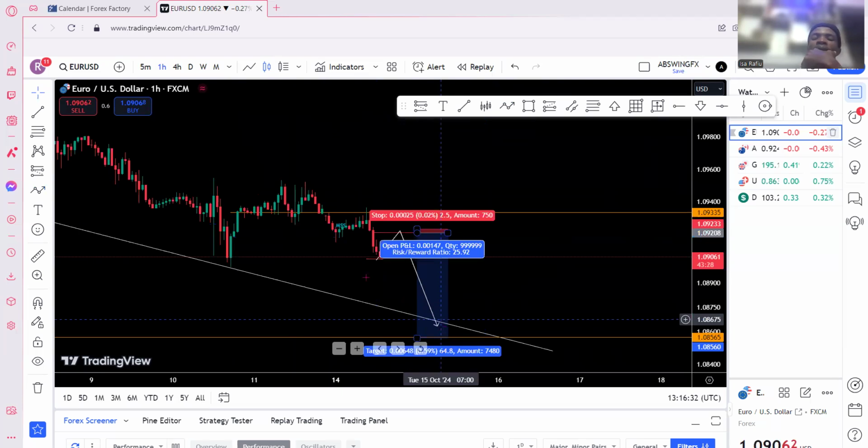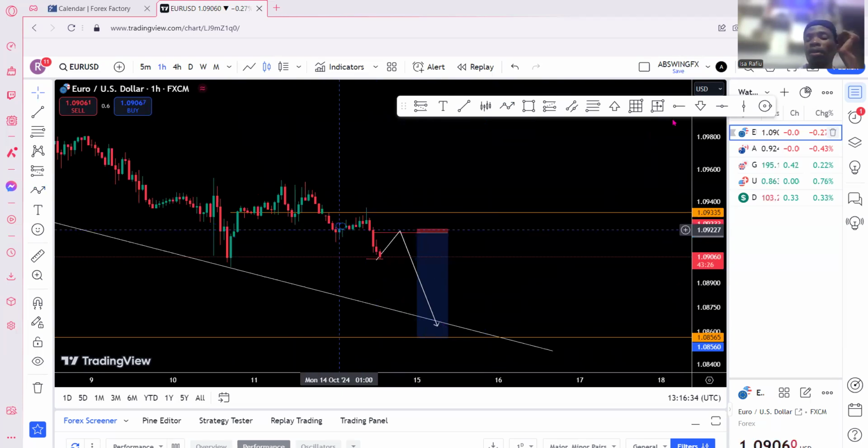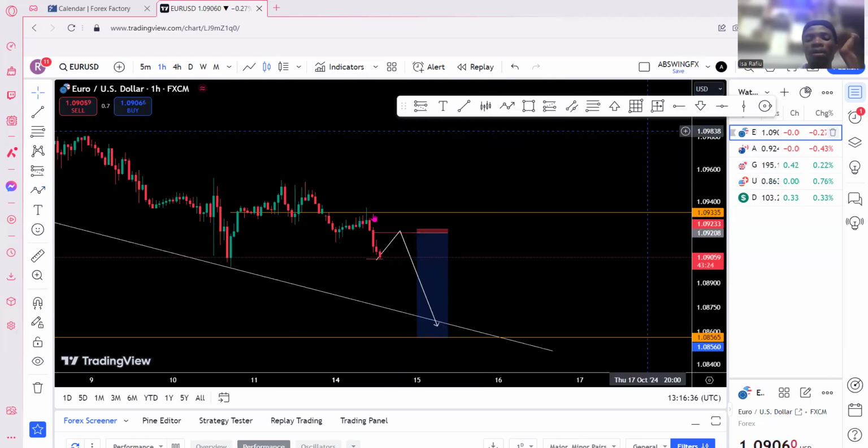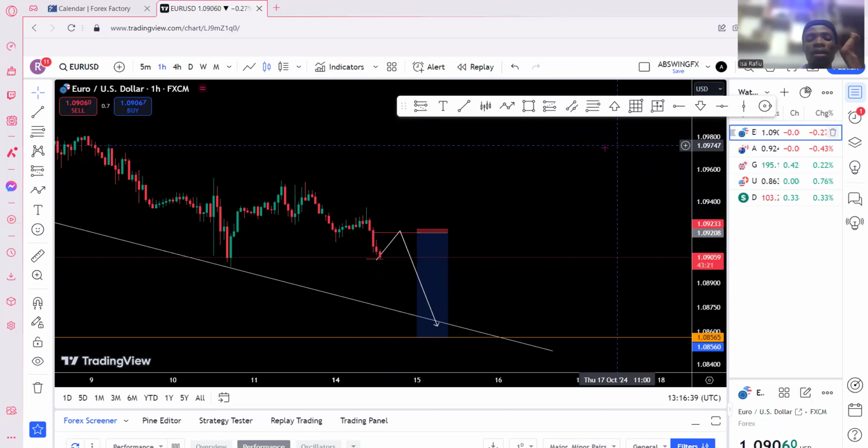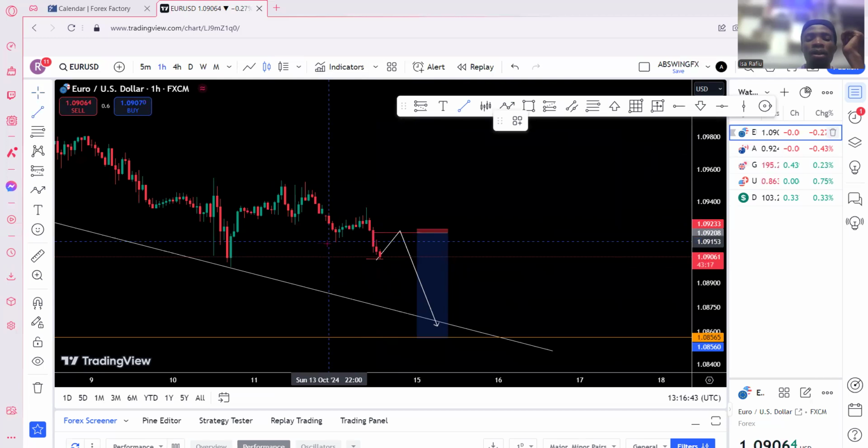Again, so simple as that. So that's it. Because presently we have a break of structure on a micro time frame right now. So how do you expect a pullback?